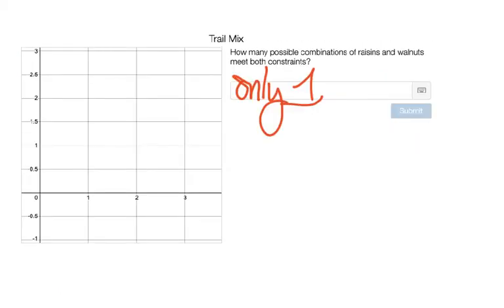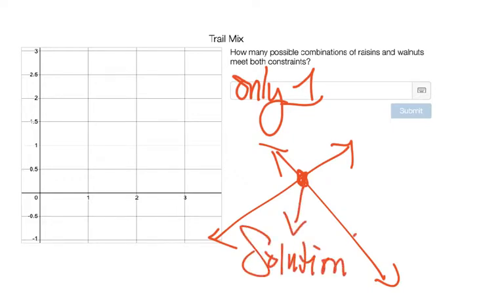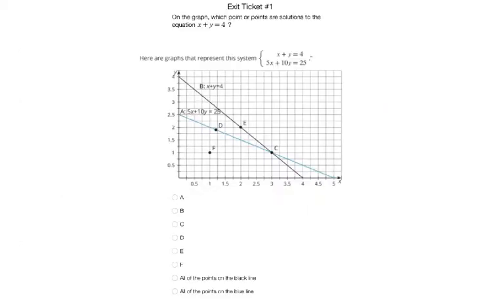So now, in a system of equations, when I have two graphs, two lines, there can only be one point of intersection. And that point of intersection is the solution to both equations. And this is why we love Desmos and graphs, because it makes it really, really easy for us to figure it out.